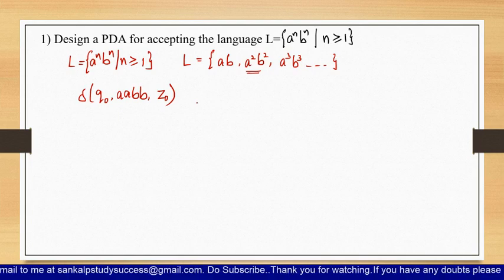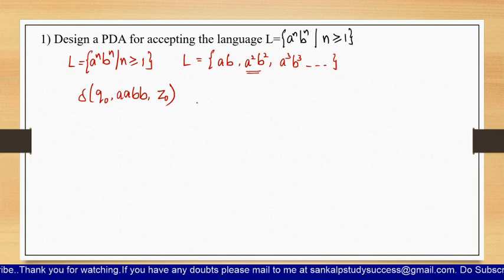Then there are equal numbers of a's and b's, so you will push an equal number of elements into the stack and pop an equal number of elements from the stack. So you will be left with the empty stack, right? At last, if you are left with the empty stack, then you can say that the string is valid. If you are not reaching the empty stack, then you can say that the string is invalid, correct?